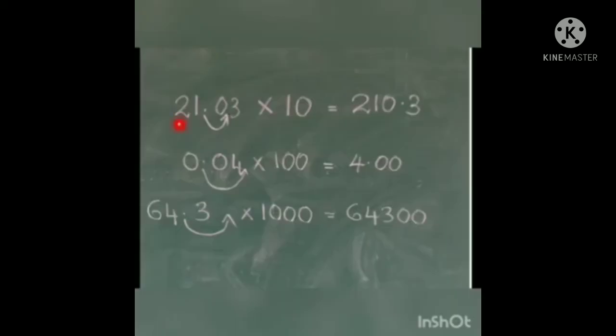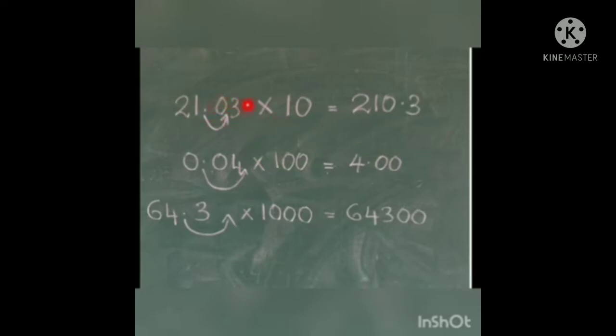For example, 21.03 into 10. So, when you are shifting, you are considering what? Consider in 10 how many zeros are there? In 10 you have 1 0, isn't it? In 10 you have 1 0 and you are shifting your decimal point by one place. That is, when you are multiplying, the point goes to the right.